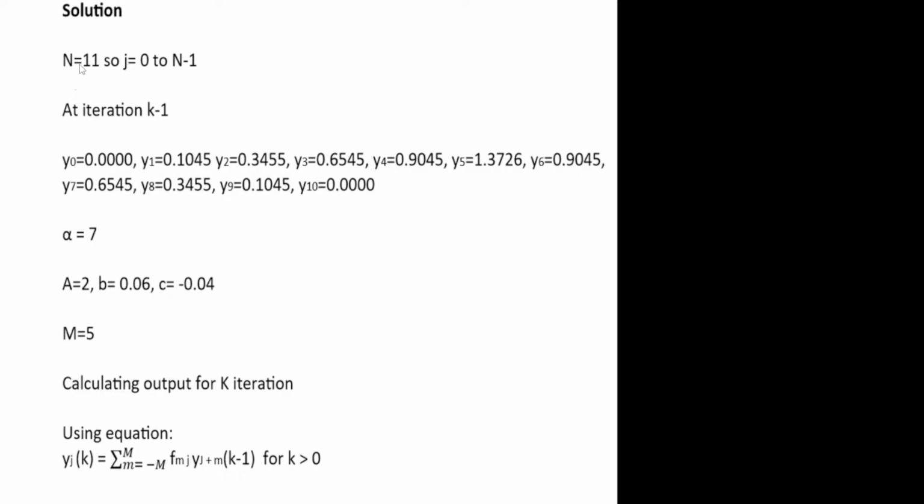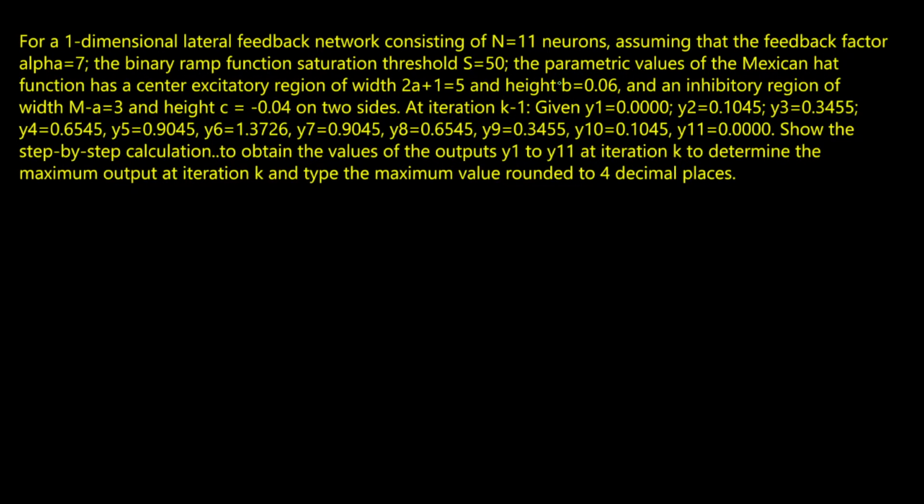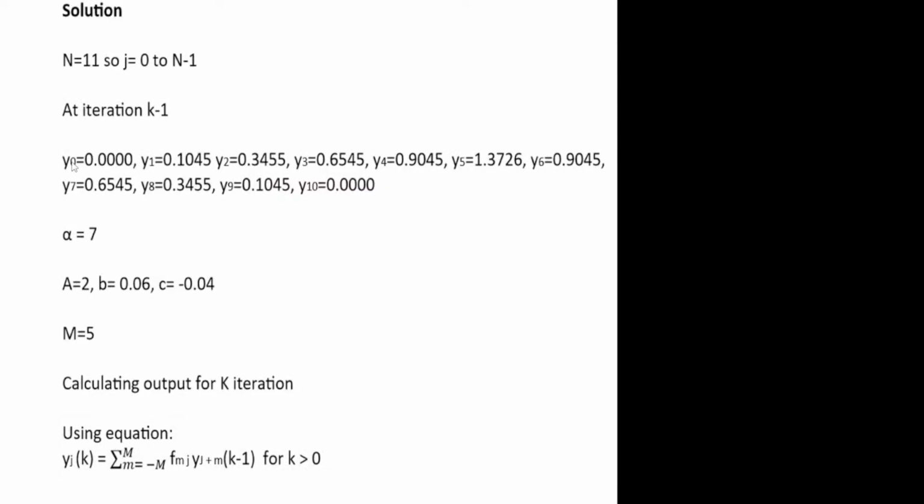Okay, so here n is 11, so j goes from 0 to n minus 1. At iteration k minus 1, they have given all these values starting from y1, y2 and so on. We just reduce one from that, so y1 becomes y0, y2 becomes y1, y3 becomes y2 and so on. It's going to range from 0 to 10, and alpha is 7, a is 2.